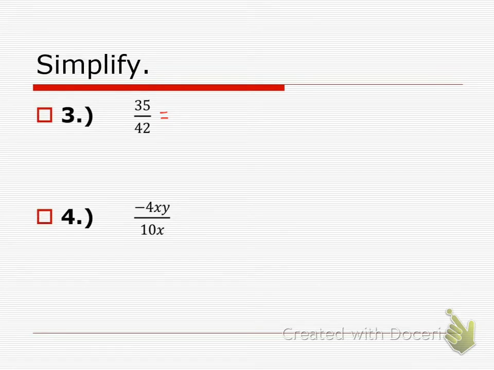Okay, what's 35 divided by 7? 5. And what's 42 divided by 7? 6. So you should have gotten 5/6. If you wanted to write it as times 7 over 7 like we were doing before, you could do that. I'm not requiring that, but if you need to see it, there it is.